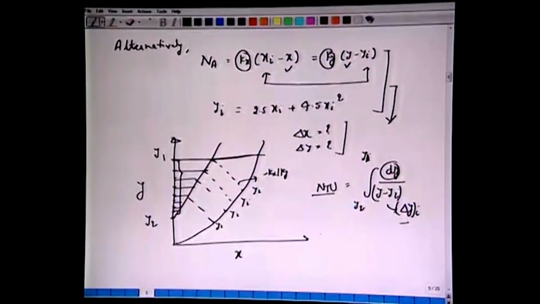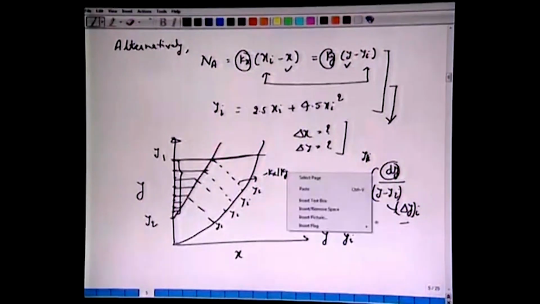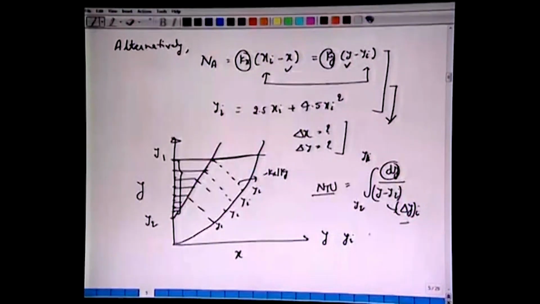You will make a table of yi, then you will have del y or y minus yi, and then del y over y minus yi. Del y need not be the same; it can change.